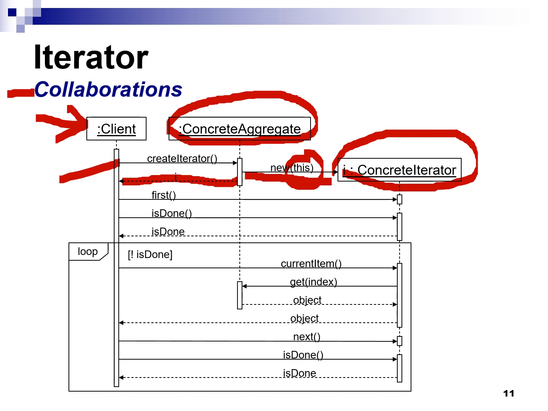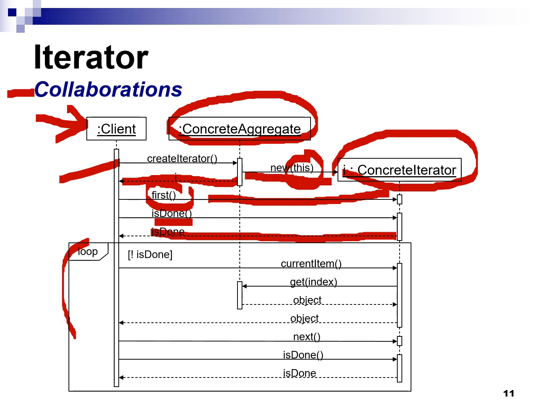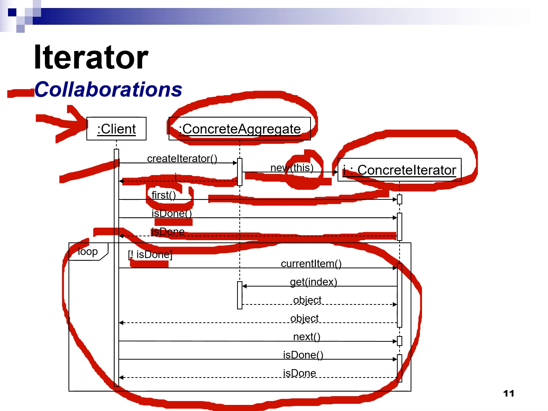So once I have the concrete iterator, the client first goes and calls method first to set the concrete iterator to the first element, and then it may, for example, call method isDone to know if there are more elements to traverse. Then typically we will have a loop that will be repeated until there are no further elements.